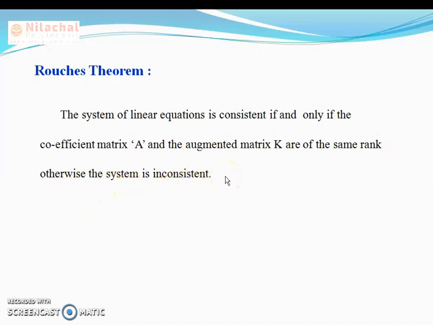You know how to find the rank. If you find the rank of A and K, and both have the same rank, then the system of linear equations is known as consistent. If both have different ranks, then the system is known as inconsistent. This is your Rouché's theorem.